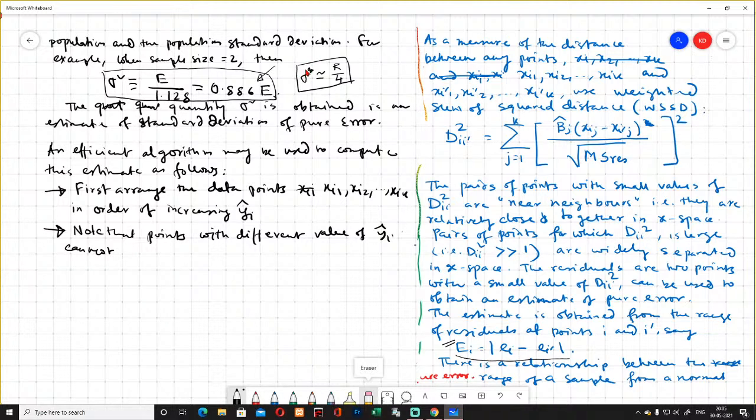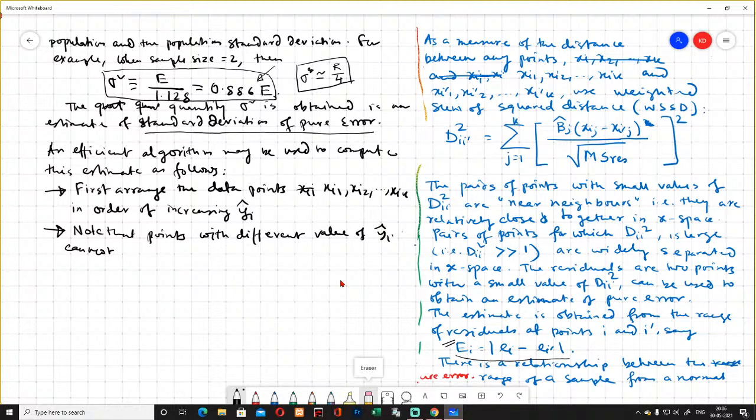Pure error cannot be estimated. Actually, this is the estimate of the standard deviation of the pure error, not the pure error.